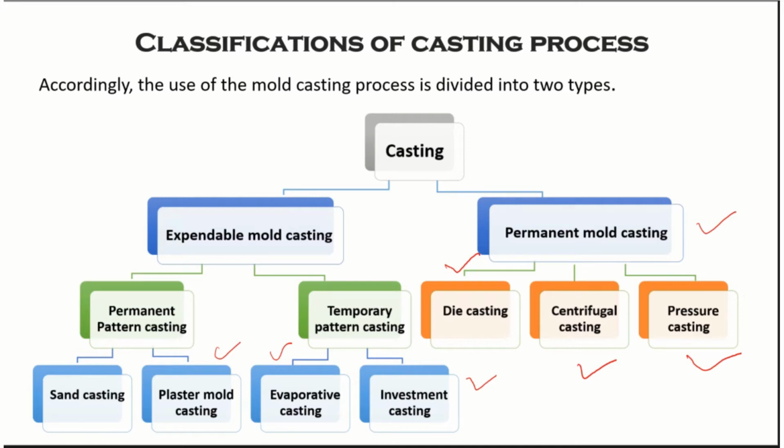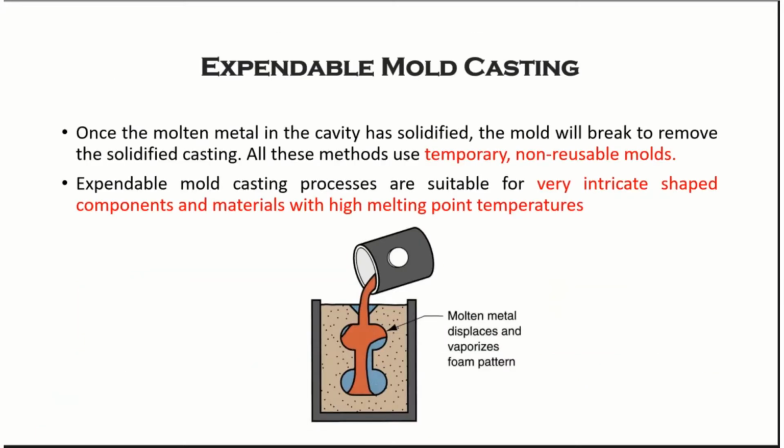Now let us discuss these varieties of casting process in detail. The first one, expandable mold casting. Expandable mold casting is the one where, once the molten metal in the cavity has solidified, the mold will be broken to remove the solidified casted product.